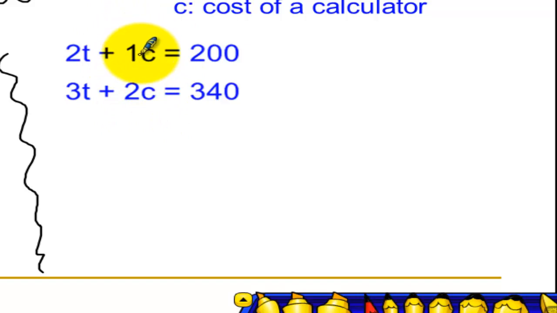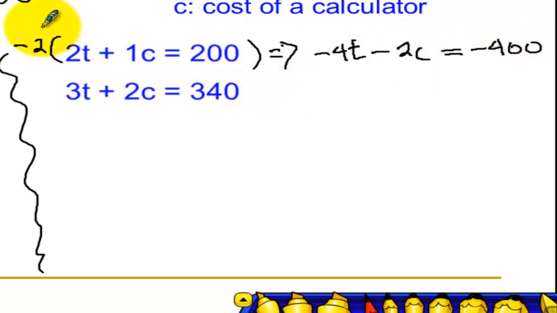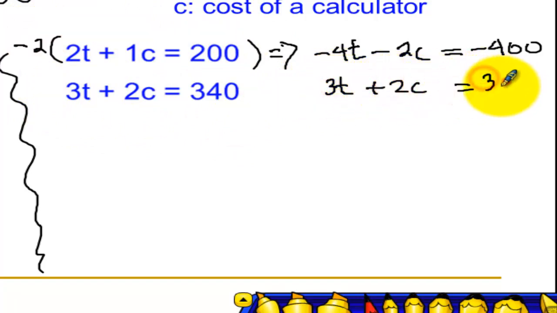So to make this equal to negative 2c, I have to multiply my first equation by negative 2. So we are going to get negative 4t, negative 2c equals negative 400. Okay, don't forget to also distribute or multiply 200 by negative 2. I'll just copy my second equation. 3t plus 2c equals 340.